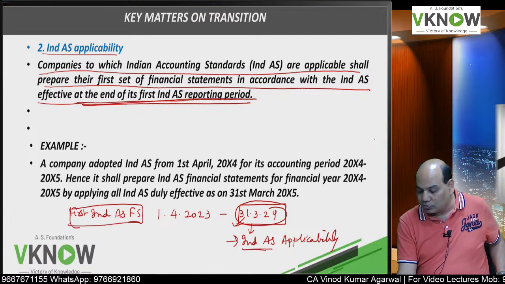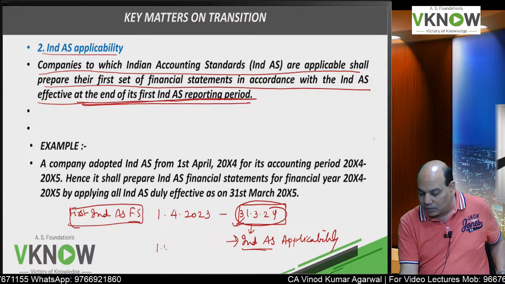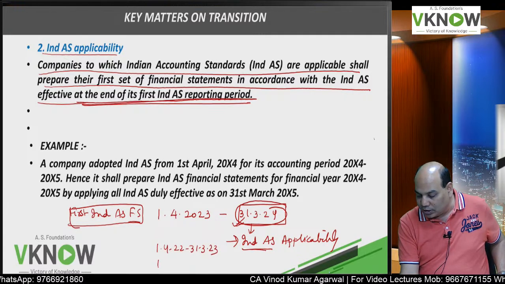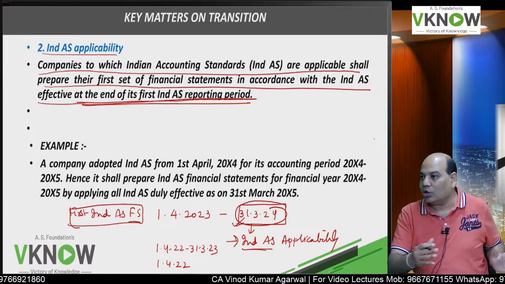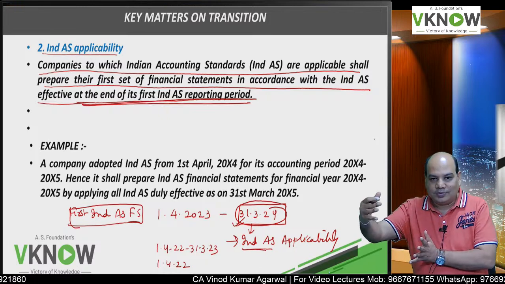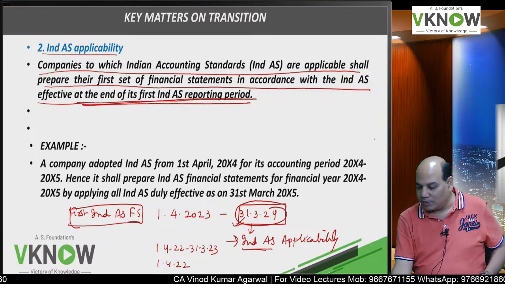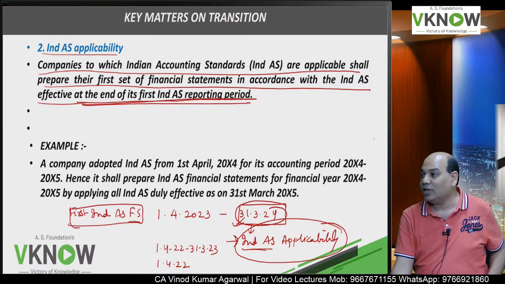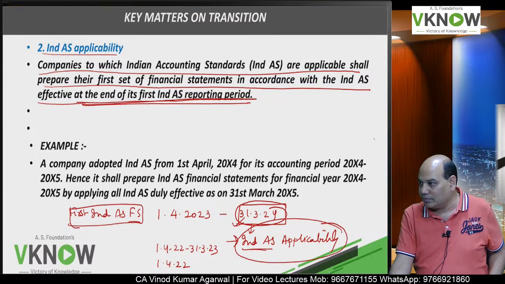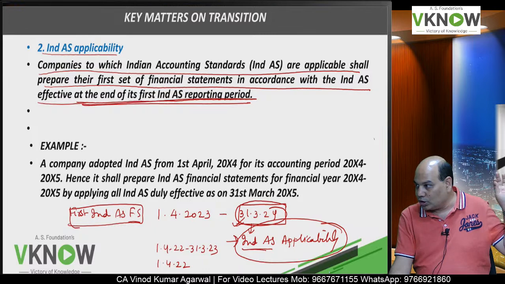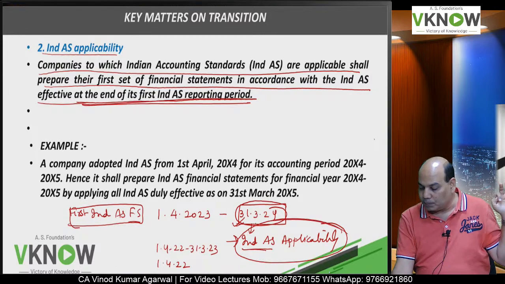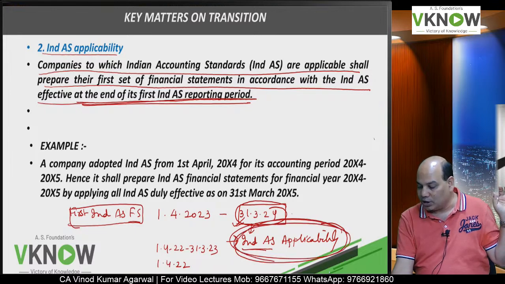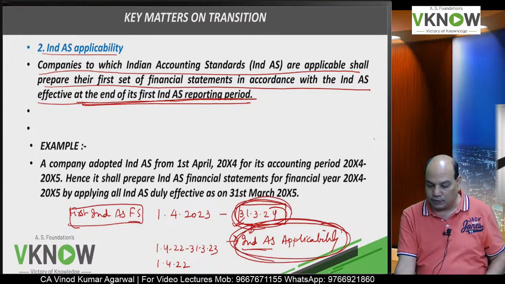And that Ind AS will be applied for comparative also. That Ind AS will be applied for the opening balance sheet also, so that all the balance sheets and comparatives are based on the latest Ind AS applicability. So including 1/4/22, the balance sheet will be based on the provisions and Ind AS applicable on 31st March 24.